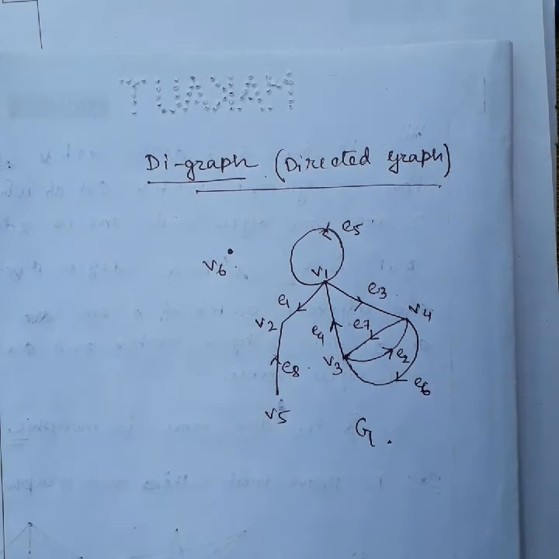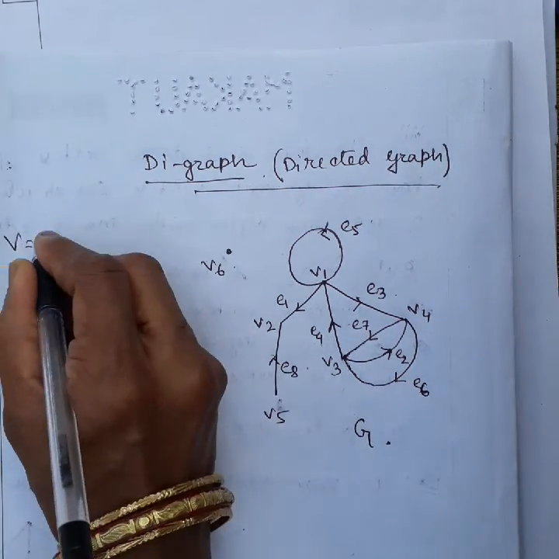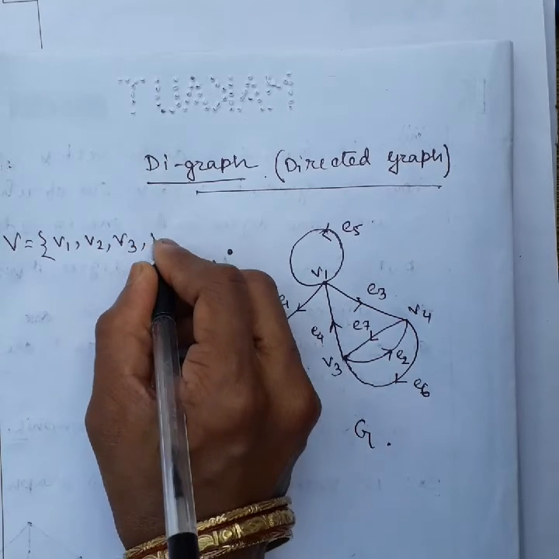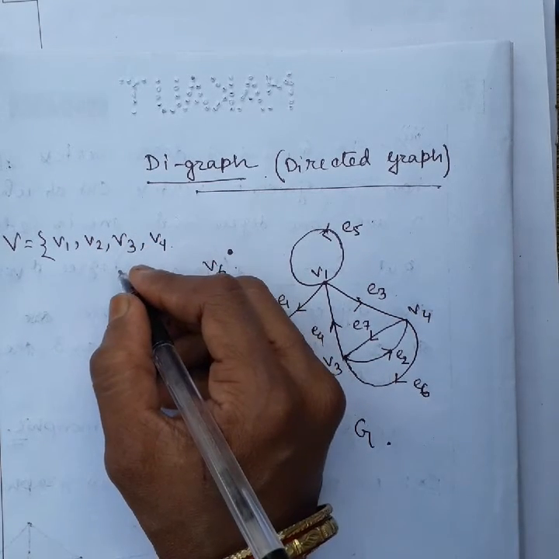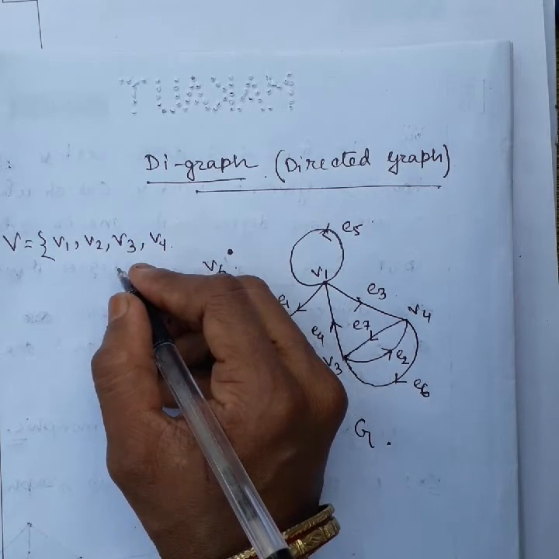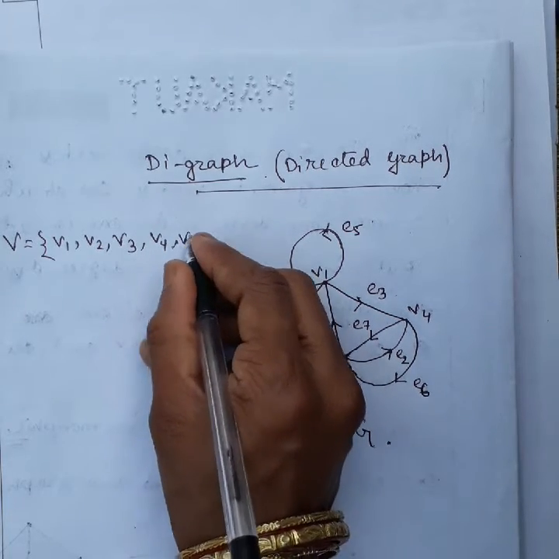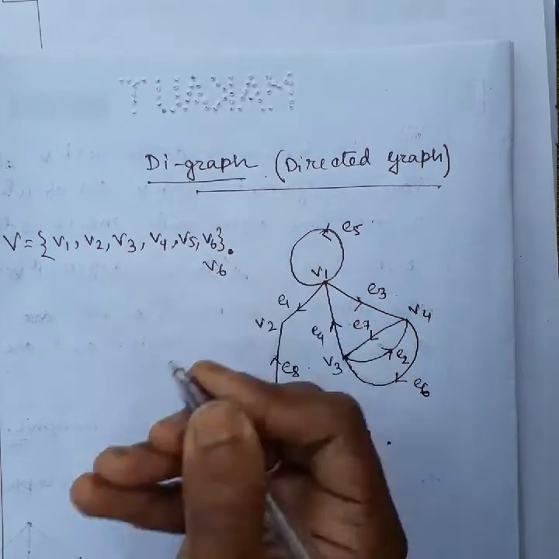This is G. This diagram consists of vertex set V and edge set E, such that each edge E in capital E is associated with an ordered pair of vertices. So in this figure, the vertex set is V1, V2, V3, V4, V5 and V6.